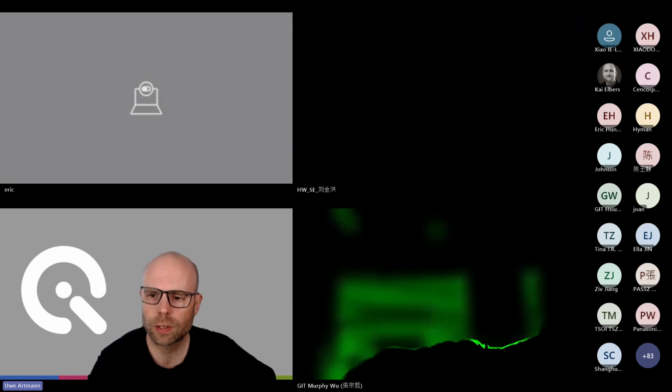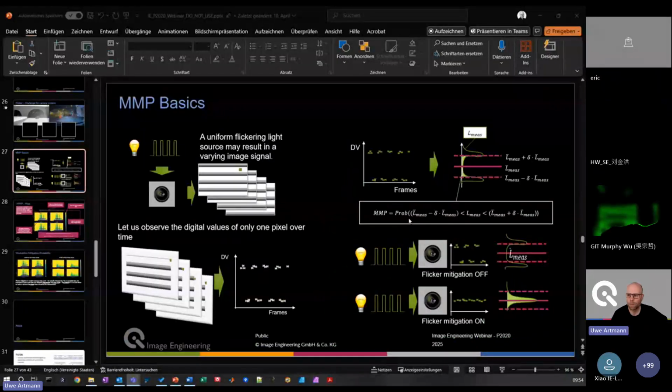One question is regarding the MMP that you also already see in the chat. First of all, there was a question: what interval do we use? These are the slides that you have seen also recorded in the video. The MMP value also depends on the definition of the interval.